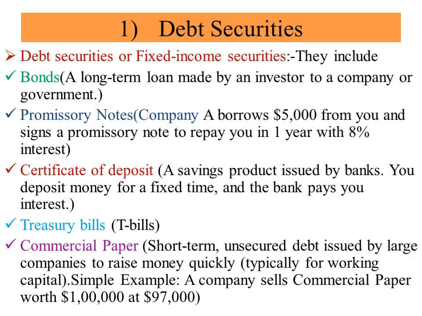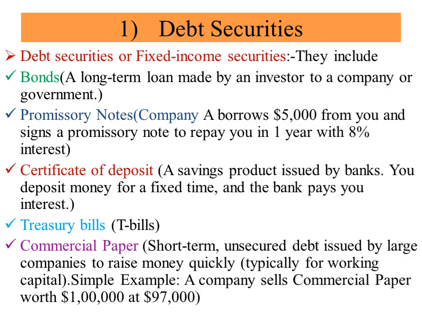The other is commercial paper, a short-term unsecured debt issued by large companies to raise money quickly. It is unsecured, and companies issue it especially when they face a working capital problem. For example, a company sells commercial paper worth 100,000 at $97,000.